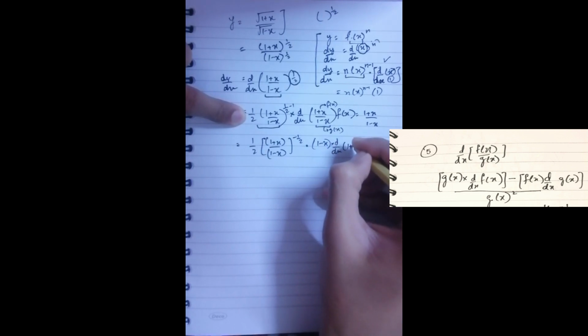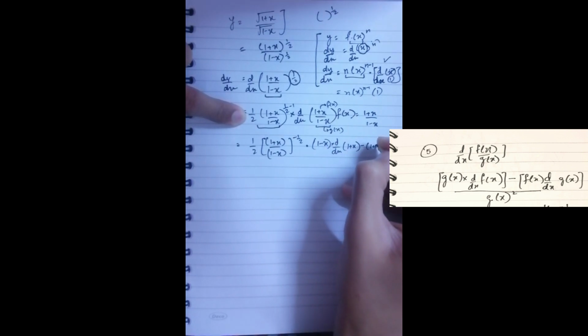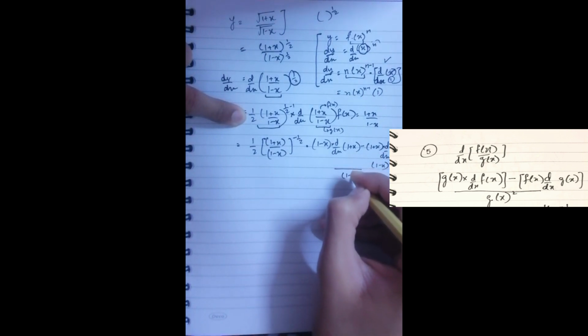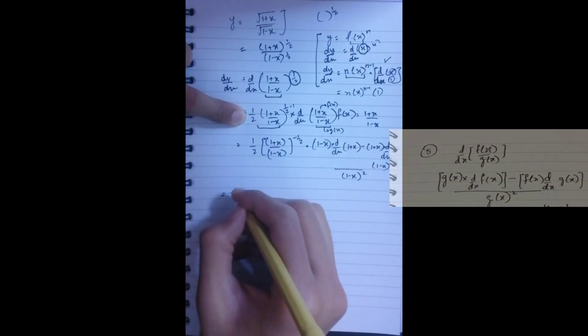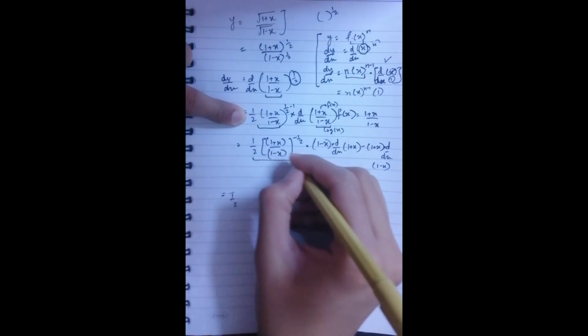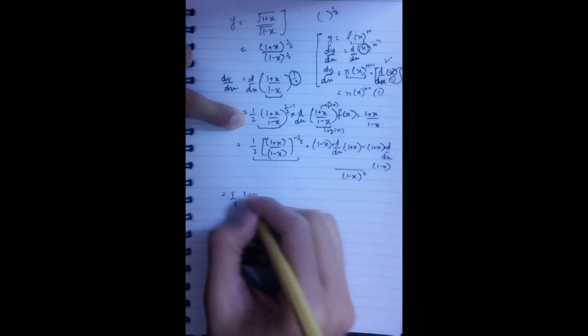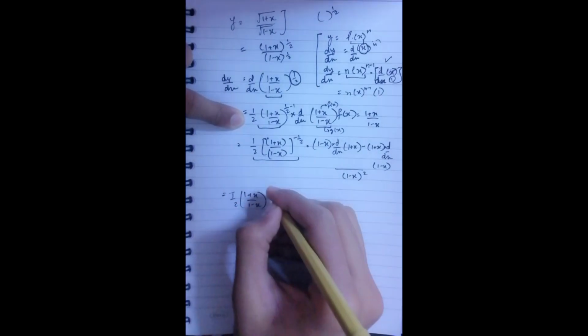What is f of x? 1 plus x. Minus f of x, 1 plus x, multiplied by the derivative of what? g of x, that is 1 minus x. And in the denominator, we have g of x squared. So this thing would remain as it is. You do not have to mess with this thing right now. Okay, 1 plus x, 1 minus x, power minus 1 by 2.